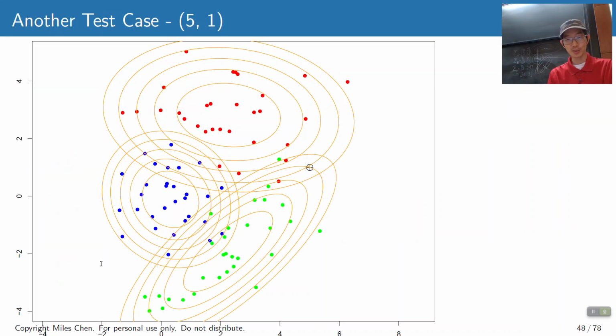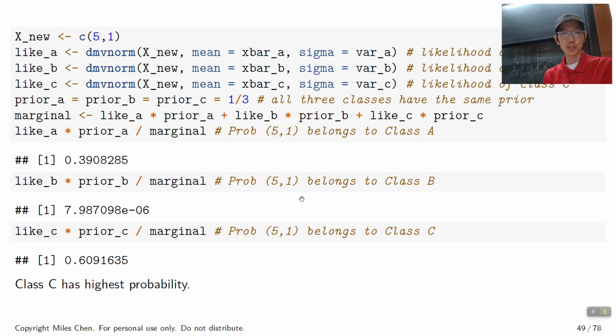Okay, all right, what about this one? Class A, class B, class C, if you had to guess numbers. Here we feel like it's pretty equally likely to be from red or green. So if we put in a test case at 5,1, we can calculate it.